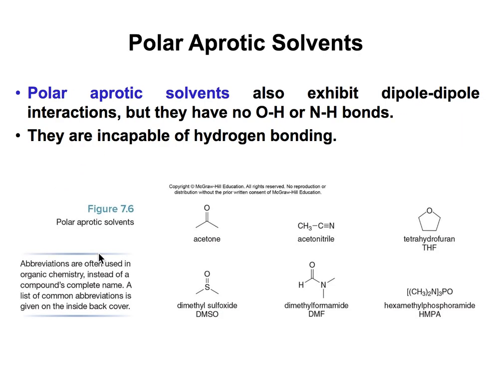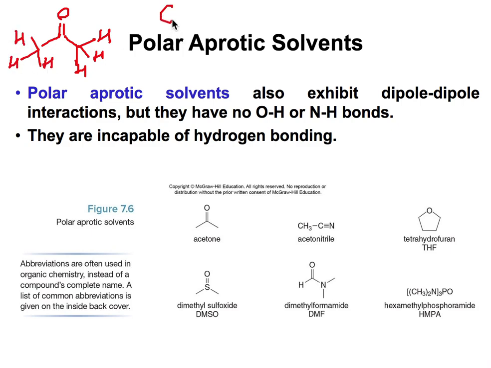As for the polar aprotic solvents, they are also polar, but the difference now is that they don't have hydrogens available for hydrogen bonding. So if you look at acetone right here, it does have hydrogens. But these hydrogens right here, it has 6 hydrogens, but they are connected to a carbon.